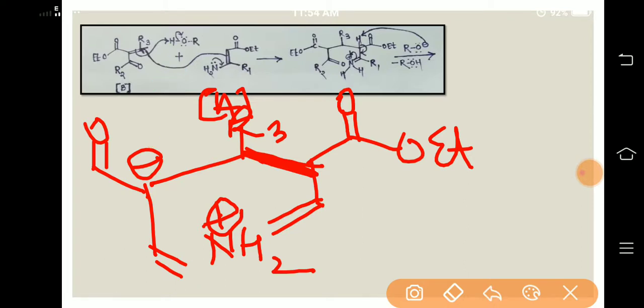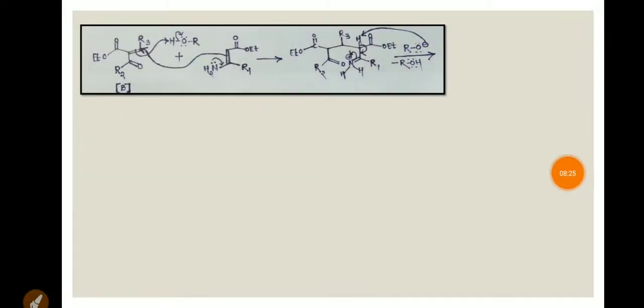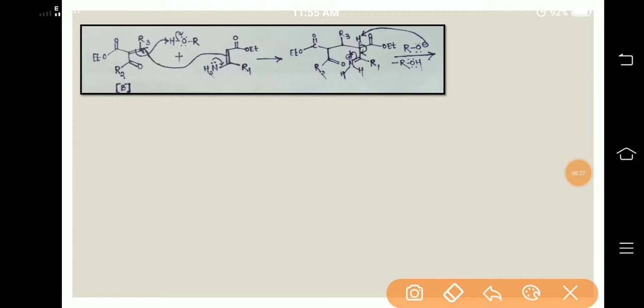This alpha carbanion will abstract a proton from the alcohol and stabilize this carbanion. Now here a positive charge is generated on the nitrogen, which is electrophilic in nature, bearing a positive charge, which is not good.